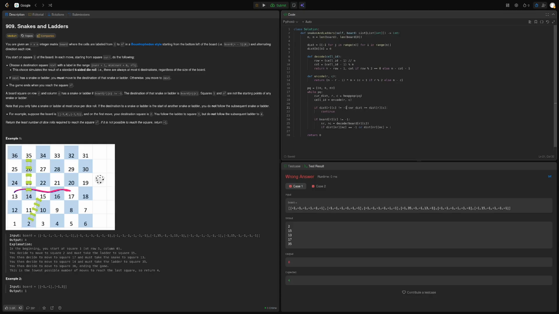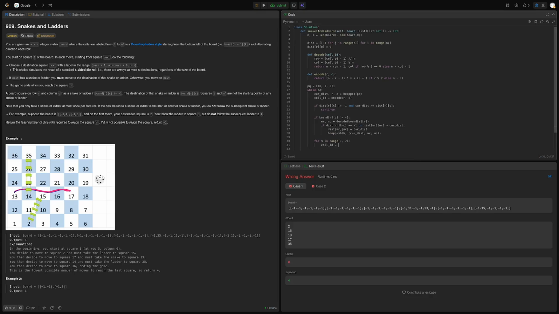RC, so if dist RC is -1 or dist RC is over current distance, then dist nr nc, dist heap push, nr nc, and then for m in range 1 to 7 cell ID.